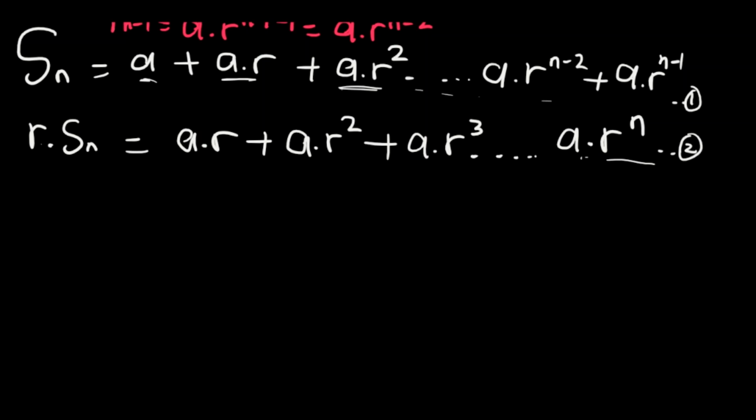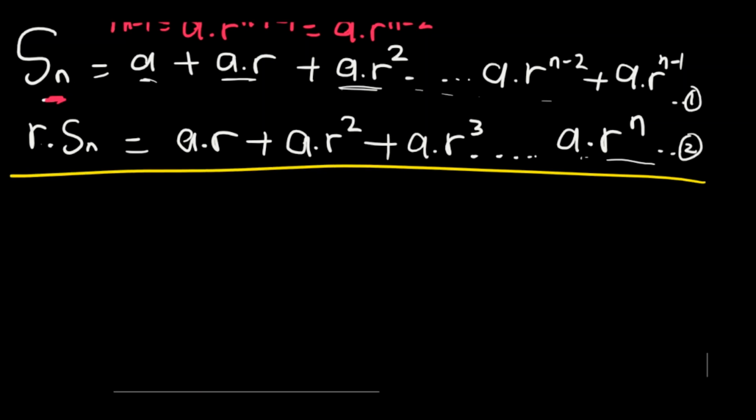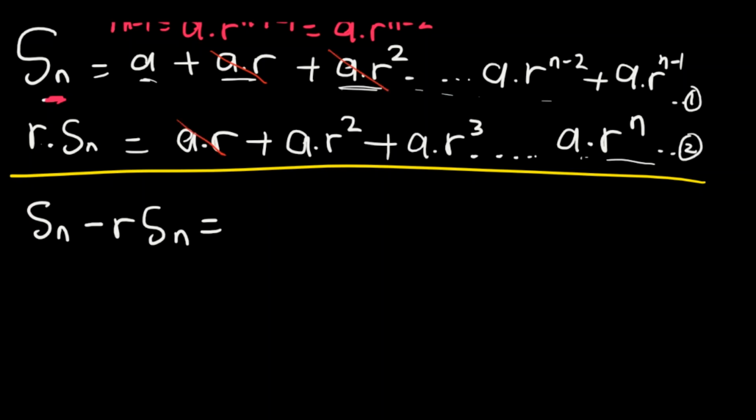So we're going to say s of n minus r multiplied by s of n. So for this one here, we will have s of n minus r s of n is equal to. So if we subtract these sums, it means this ar will subtract this ar, this ar squared will subtract this ar squared, and then somewhere here is going to be ar to the power of 3, right?